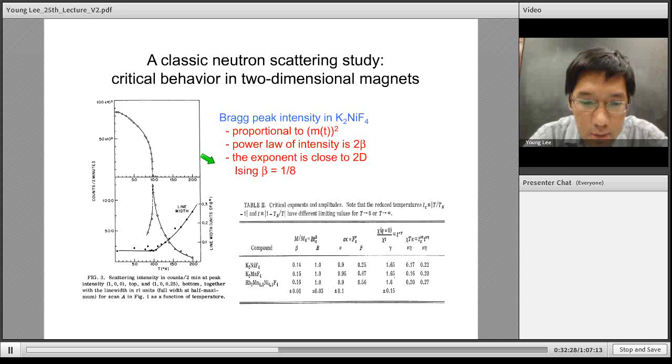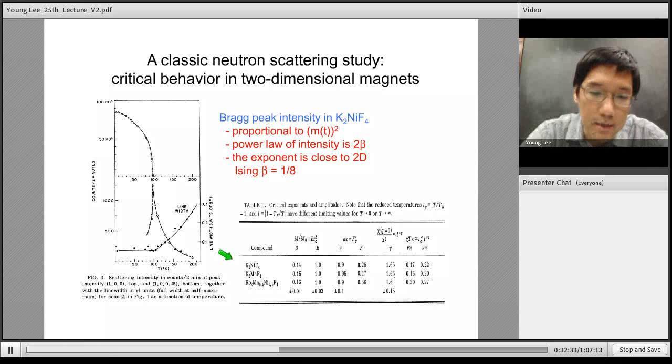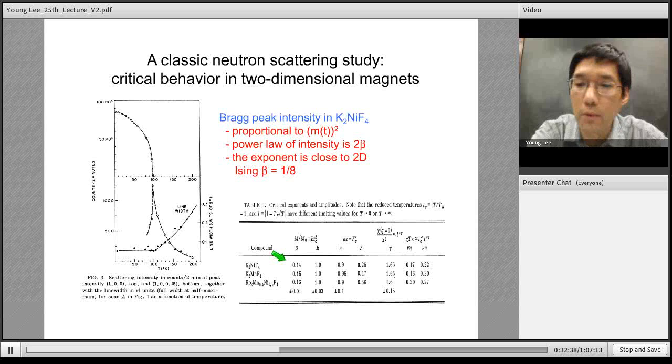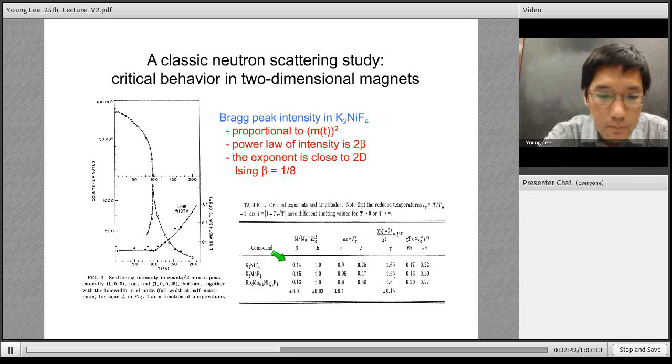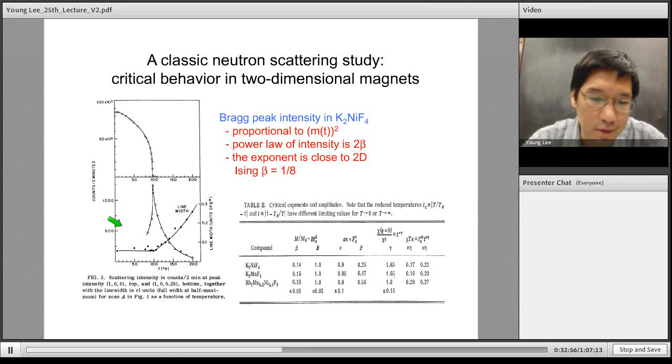And in particular, down here in this table, they list the exponents that they extract from their measurements, and beta here is 0.14. So that's close to 1/8. And again, that's for this three-dimensional magnetic Bragg scattering. And I'll talk about this lower panel a little bit later, but just so you can see, you might have been staring at it.